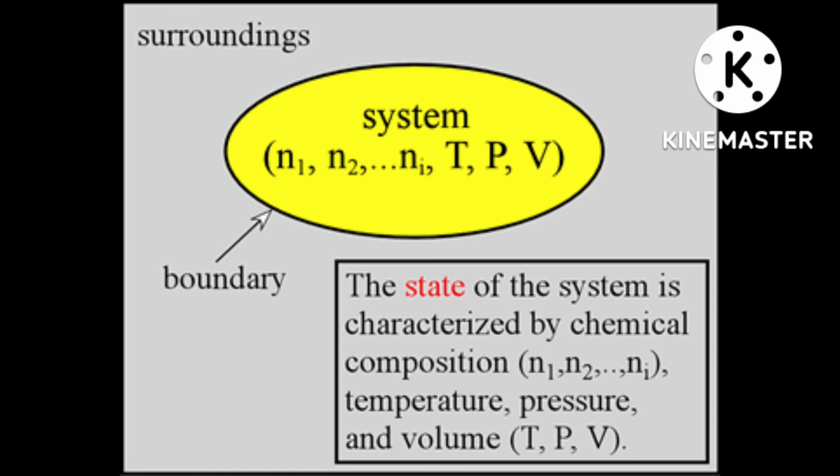Thus T is a state function, and in the same way pressure is also a state function, and it is independent of the route taken. Volume of water in a pond is also a general example. Volume of water in a pond is a state function.